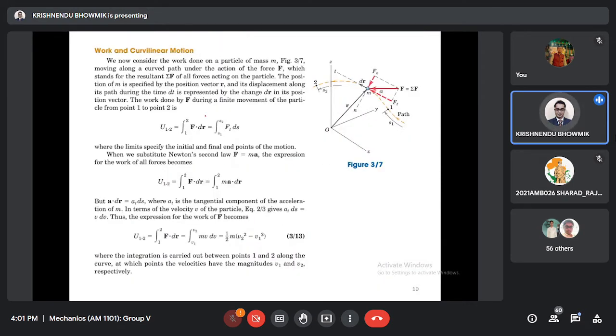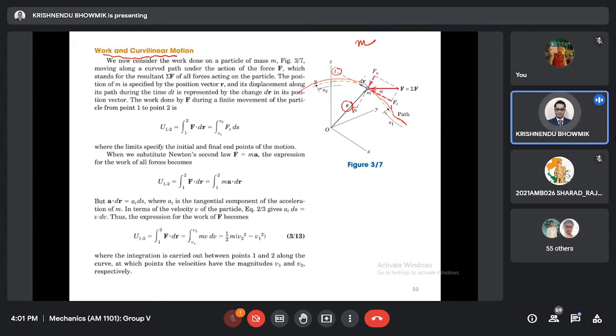Now, one curvilinear motion example we can take. This is the path of the particle, moving along some arbitrary path. At this point the mass of the particle is m, the position vector is r, and the change in position vector is along the t direction.